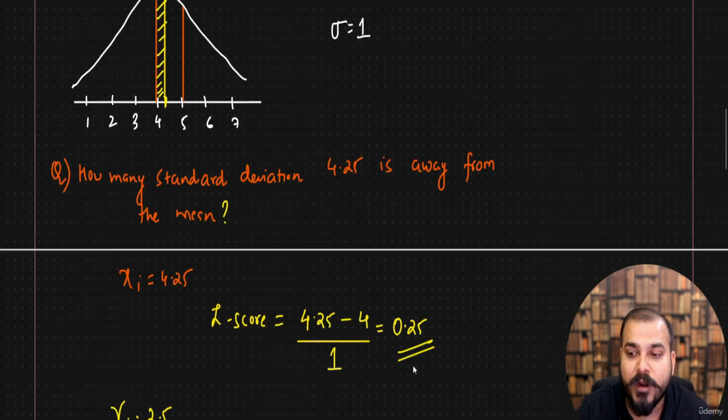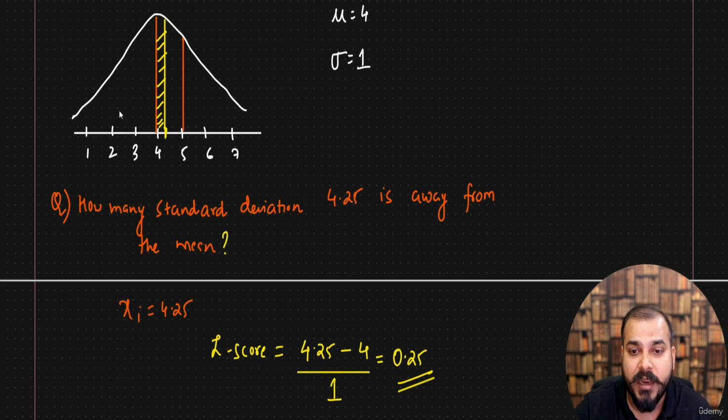Minus 1.5 deviation is somewhere here, right? We can conclude that 2.5 is 1.5 standard deviations away from the mean on the left-hand side.